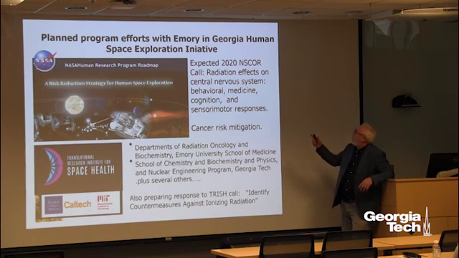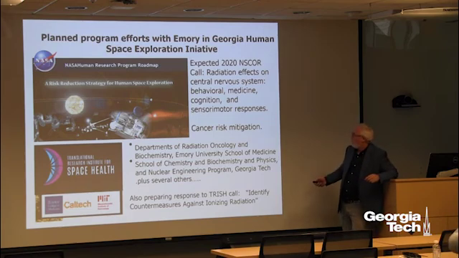We are already working on a major human space exploration initiative within the state of Georgia, which is well beyond Georgia Tech. It involves Emory University Medical School, and it will involve the University of Georgia. There are two things that we're immediately working on.